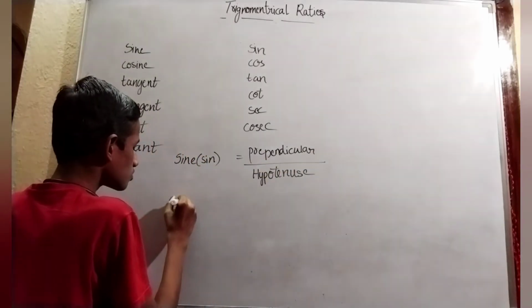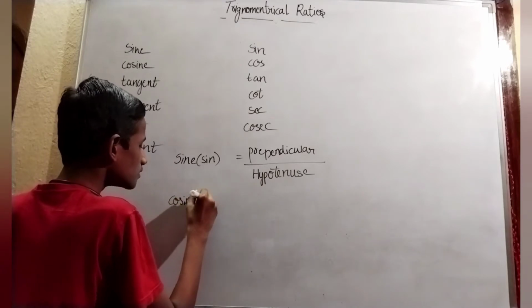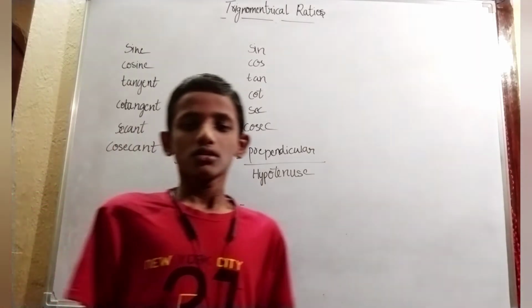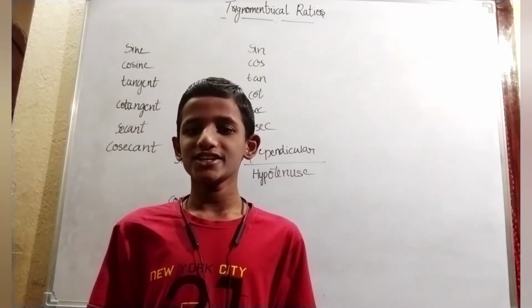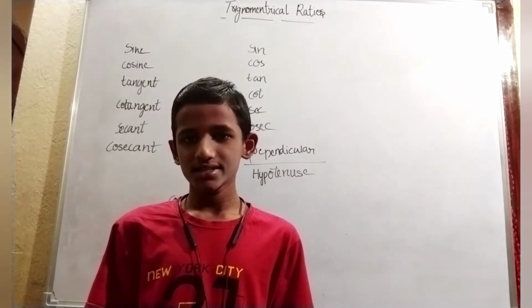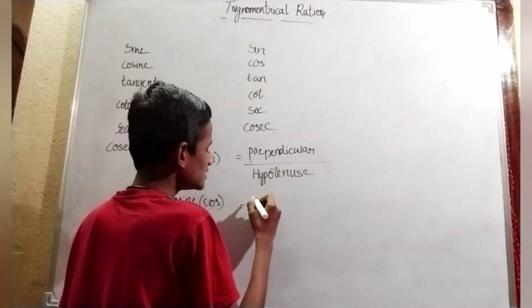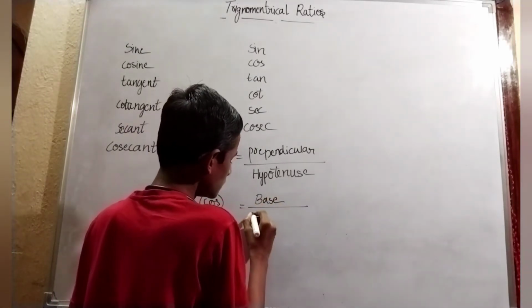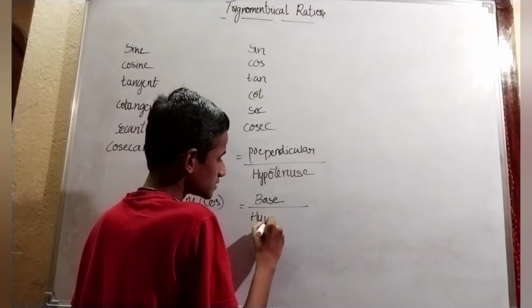Next, cosine, that is cos in short. Cosine is defined as the ratio between the lengths of base and hypotenuse. That is base by hypotenuse.